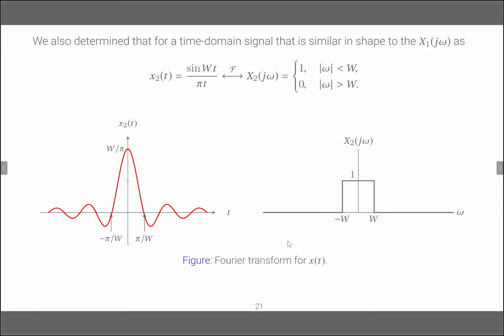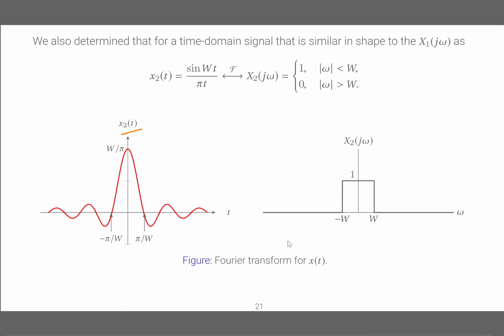Now see, if we have a time domain signal that looks like the sinc pulse, we also determined that for a time domain signal similar to the shape X1(j omega).